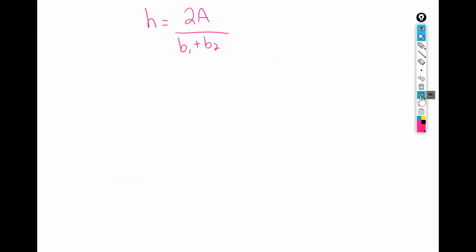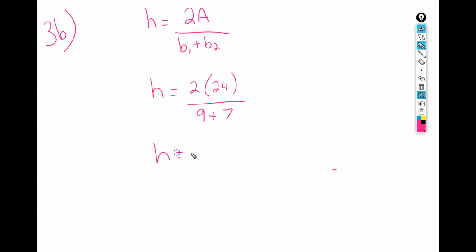So we're going to take our formula and plug in the area, which is 24. This is 3b. And then we're going to divide by the bases, which is 9 plus 7. So 2 times 24 is 48. 9 plus 7 is 16.